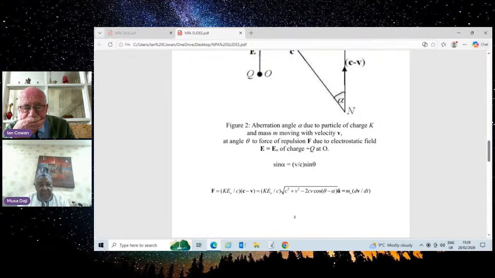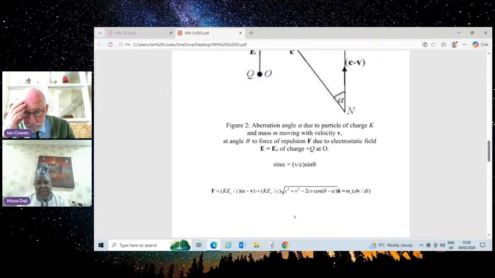So any idea of mass remaining constant, at the same time, the speed of a charged particle reaching the speed of light with constant mass should be welcomed.